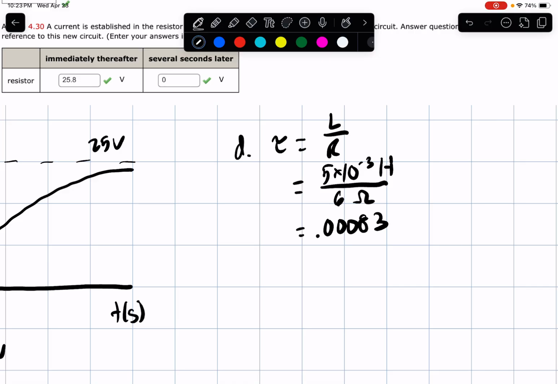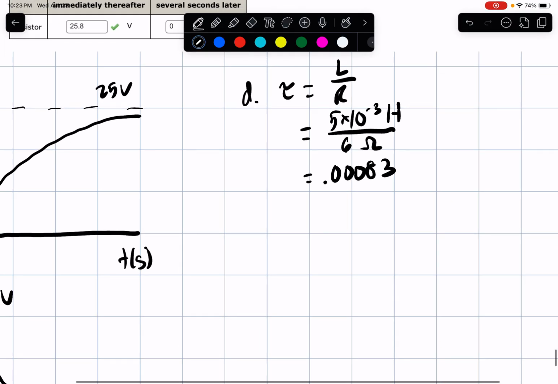All right. Now the equation that we have to use here that I was talking about is EMF final is equal to EMF naught times 1 minus e to the negative t over tau. All right. So now you plug in your values.